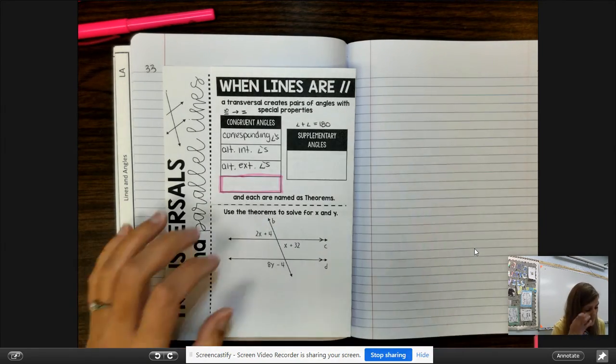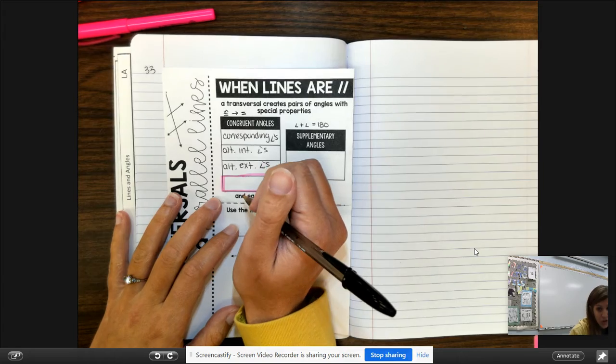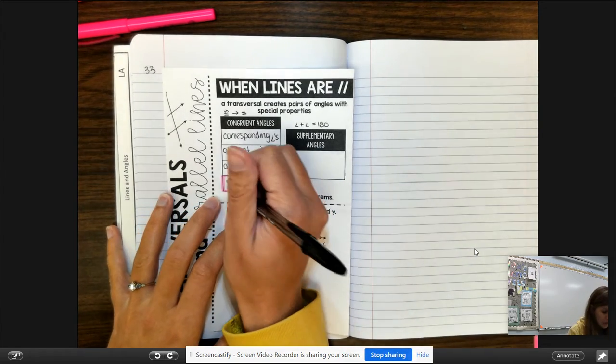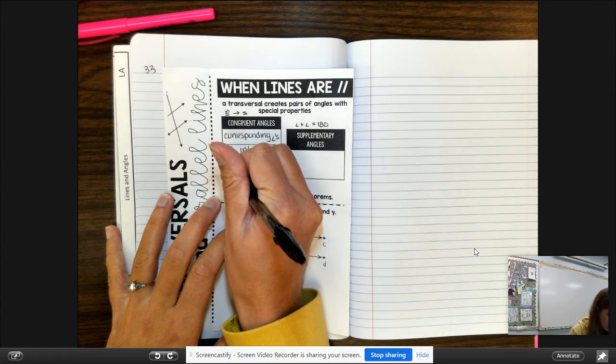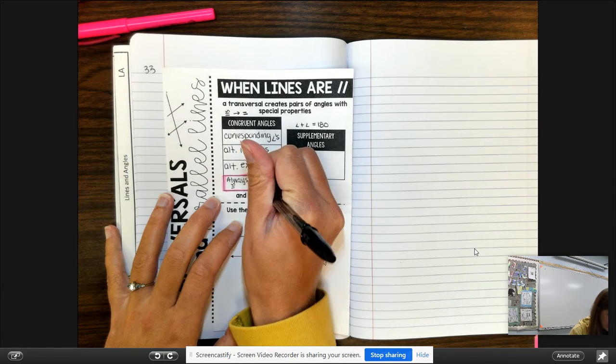So the reason I'm highlighting it is because it's always true that vertical angles are congruent. So always congruent, and that's vertical angles.